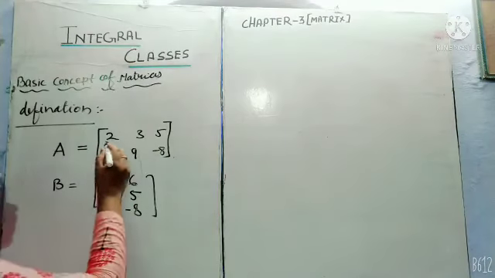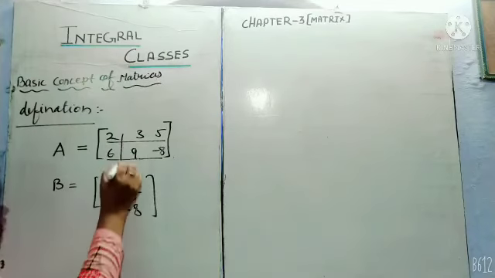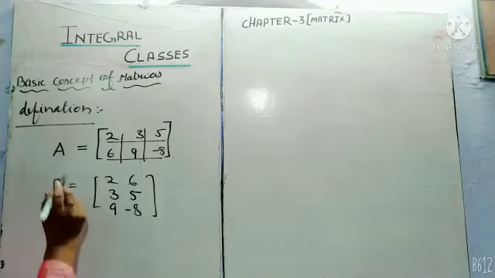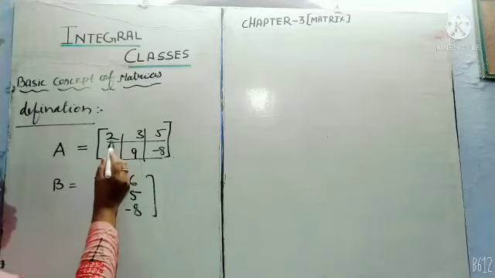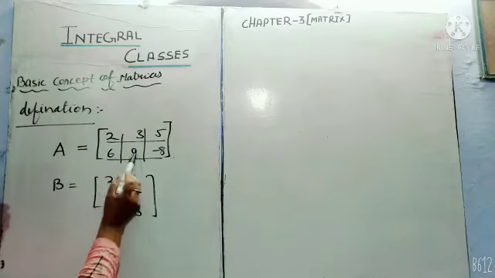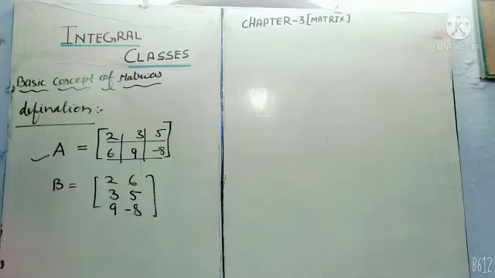These are called rows and these are called columns. In this matrix, how many rows? 1, 2. And how many columns? 1, 2, 3. So this is called a horizontal matrix.